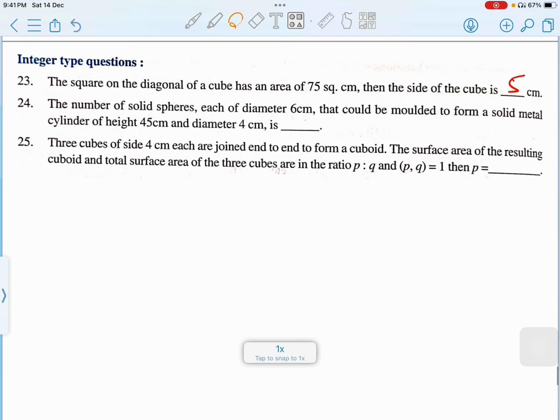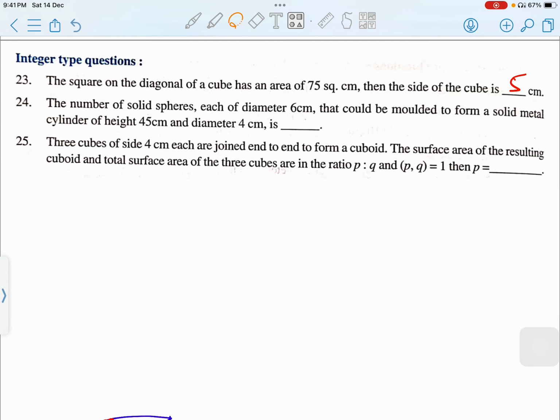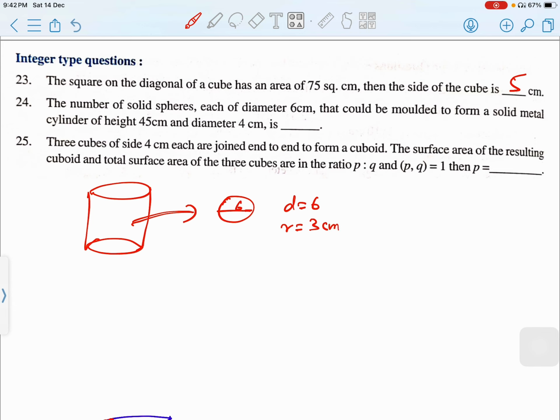Question number 24, number of solid spheres of each of diameter 6 can be molded from a solid metal cylinder. That means a metal cylinder is a big one. From here you are molding into solid spheres of diameter 6, which implies radius 3 centimeter.